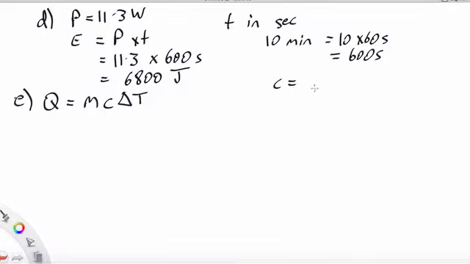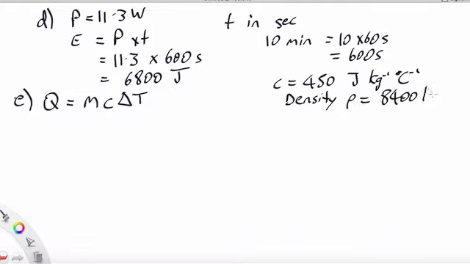So the specific heat of nichrome is 450 joules per kilogram per degree C. And the other thing is we have the density, which is also ρ, but this is now density ρ, is 8,400 kilograms per cubic metre.